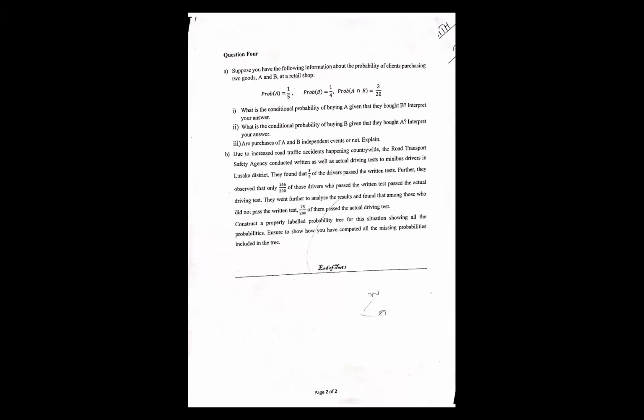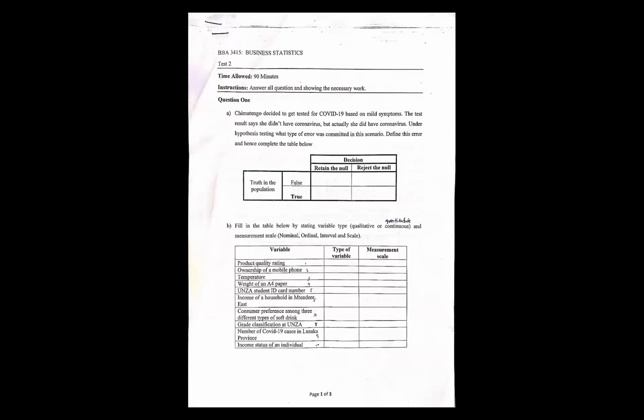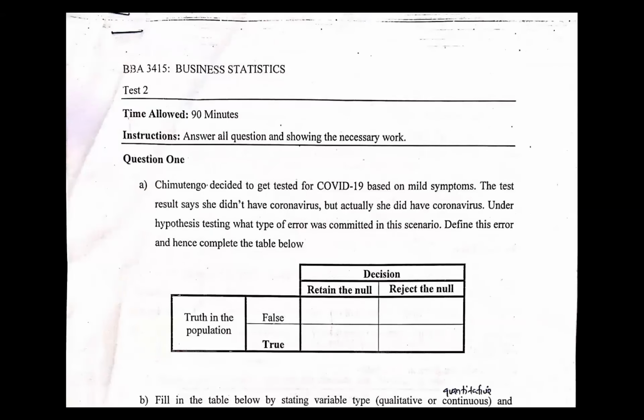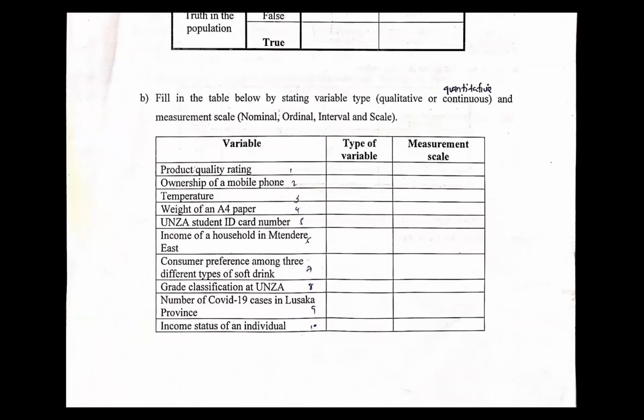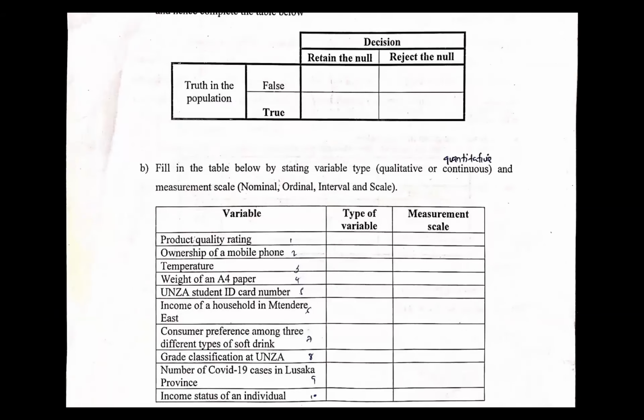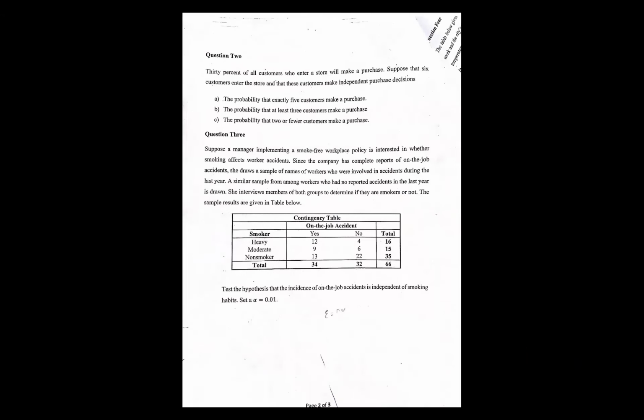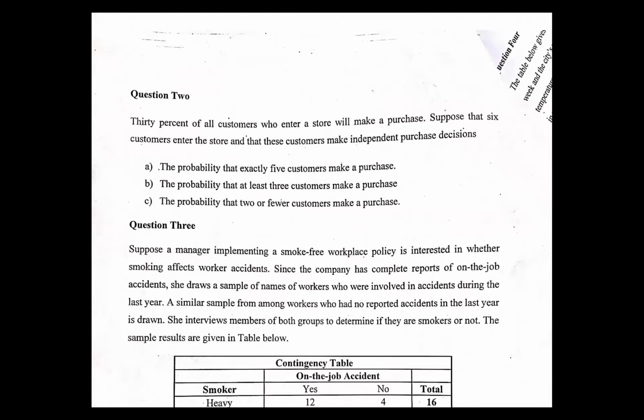How did I get the last test? Oh, this is the one that we had. What about this one? Oh, these are the types of scales and variables. We didn't meet such. This one I gave you last time to deal with. Question number 2. You remember this one?